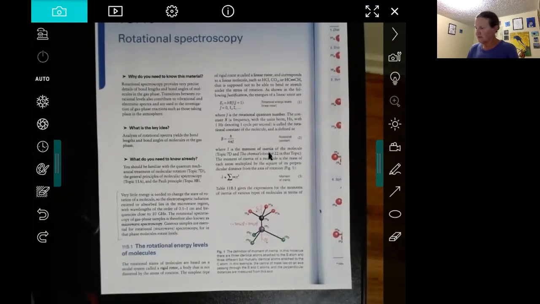So to get started, we want to think about what we already know about the energies. Spectroscopy is photons interacting, so you'll change states. So we need to know something about the states we're talking about.